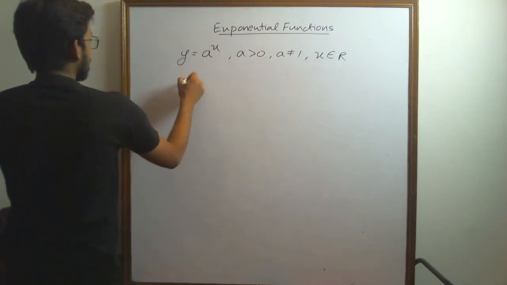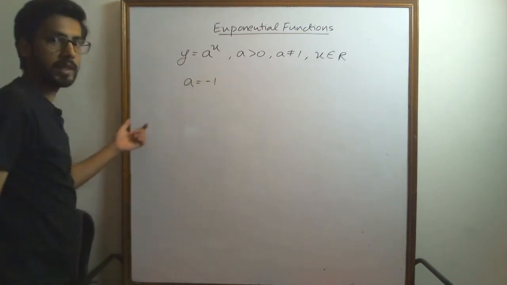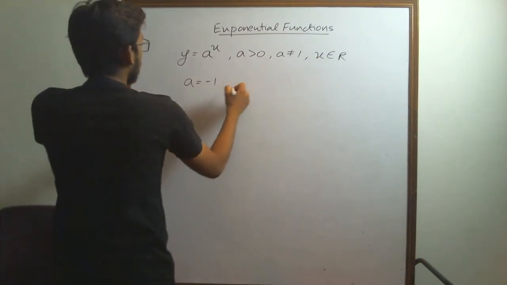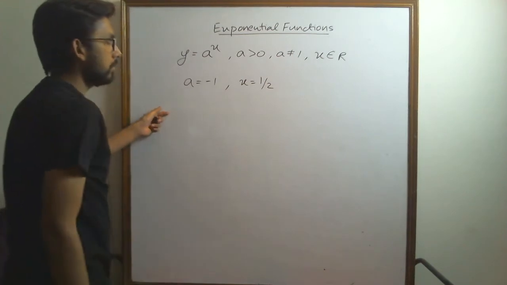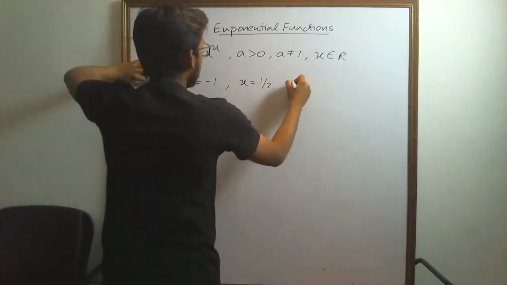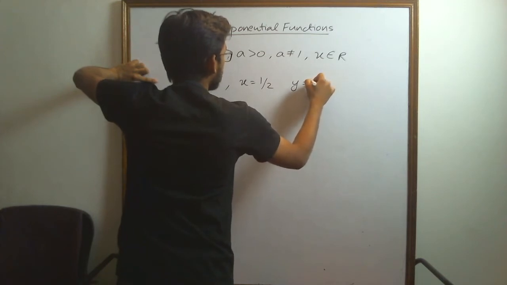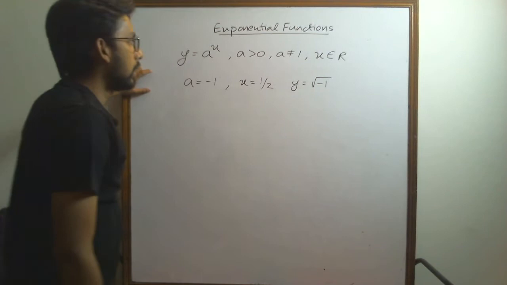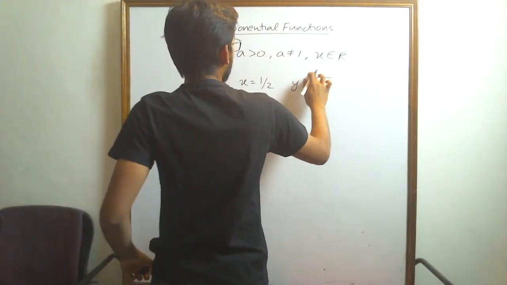Why? Let's see. Suppose a is equal to minus 1, which is negative, and I take x is equal to 1 upon 2. In that case, y will be equal to minus 1 to the power 1 upon 2, which is root minus 1. Now we know that root minus 1 is not a real number.